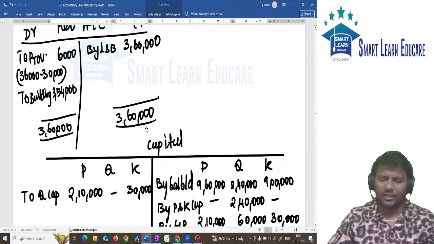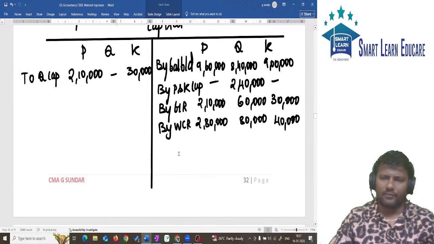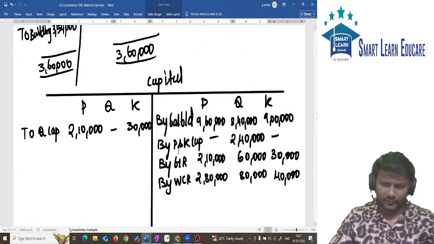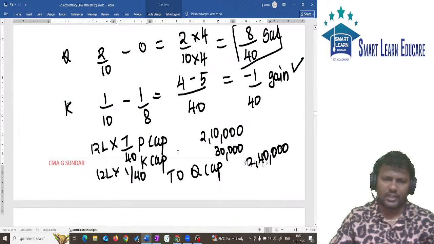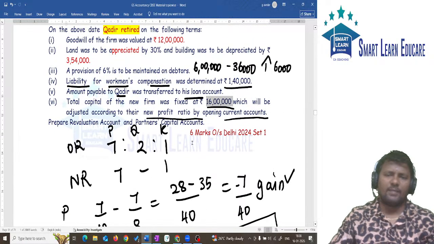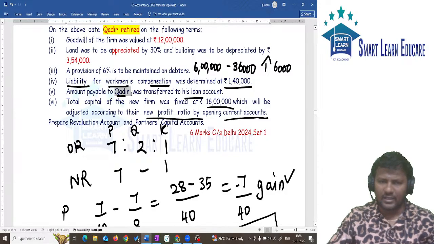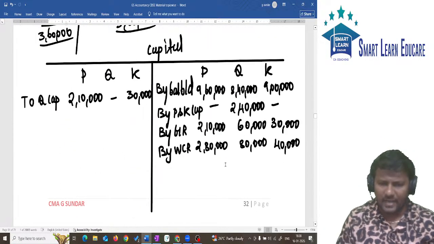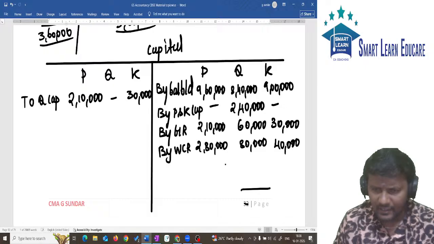There is no profit or no loss, so no amount will come in partners capital. Now the last segment: the partners' loan and total capital proportionate adjustment. The total capital of the new firm is given. Also Q's balance should be transferred to loan account. First you should balance Q account.